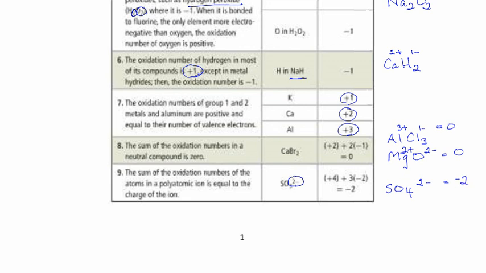Well, it gets a little confusing where you put your numbers, but oxygen is -2 for a total of -8, so sulfur has to be +6, so that it adds up to -2. If we have the hydroxide ion, the charges have to add up to -1. Oxygen is -2, H is +1, so we see it does add up to -1.